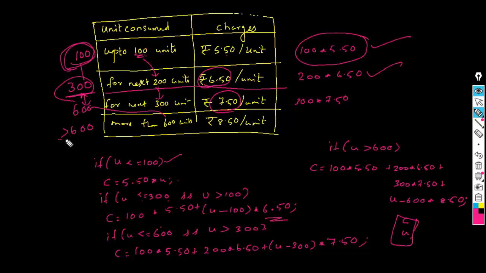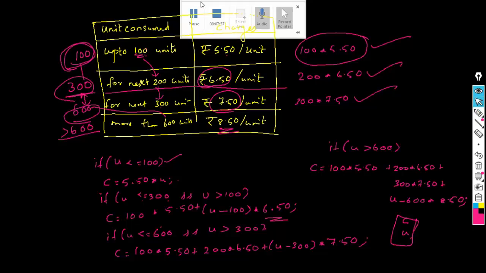Coming to the last step, it is greater than 600. So 100 into 5.50, 200 into 6.50, 300 into 7.50 plus unit minus 600 into 8.50. Finally, after calculation, you can print the data. Hope you would have understood.